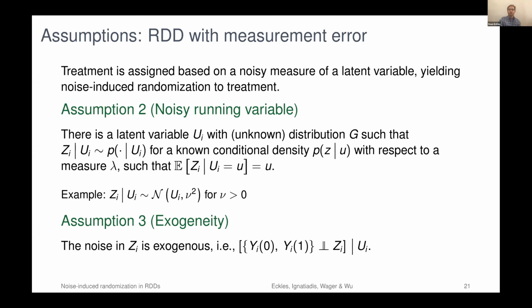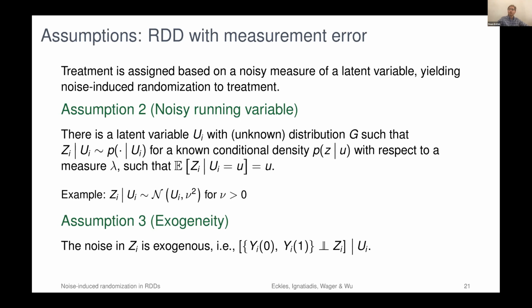So we're going to be thinking about cases where really there is knowledge about the psychometric or biometric properties of the running variable, and we're going to use that information. As we'll discuss at the end, I think there's going to be a bunch of standard RDD setups where maybe this doesn't apply. So this may not apply to all RD designs. Okay, yeah, that makes sense. I think that's it. We don't have any other questions for the moment.